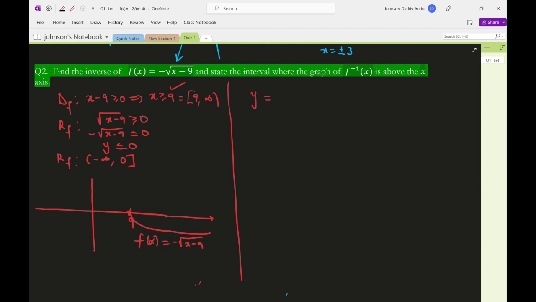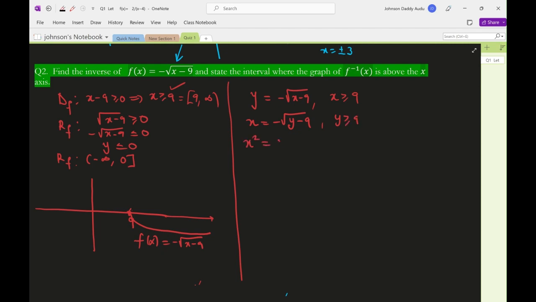All right, so now let's go ahead and find f inverse. To find f inverse, we set y to be minus the root of x minus 9. Here, don't forget we have our condition already that x is greater than or equal to 9. So here x becomes minus the root of y minus 9. So here we are interchanging x and y. So let's interchange also the condition.